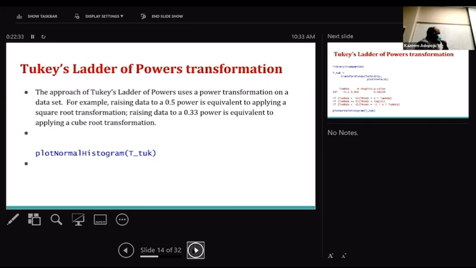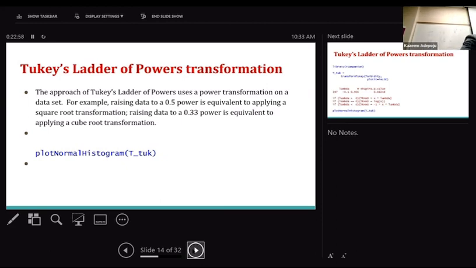Now, raising data to the power 0.33 is more or less the cube root. Now what Tukey did is generalize this.